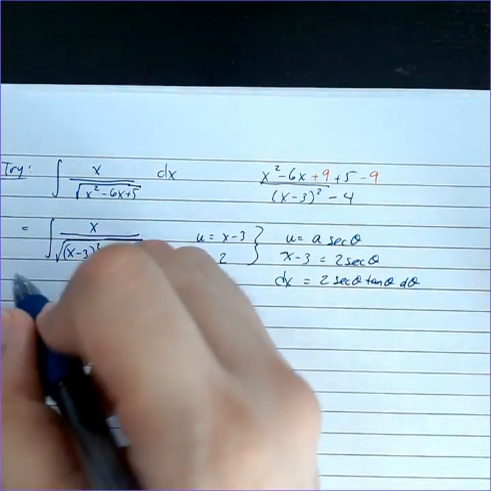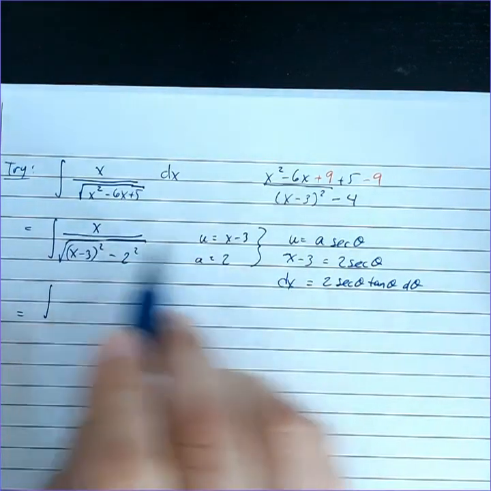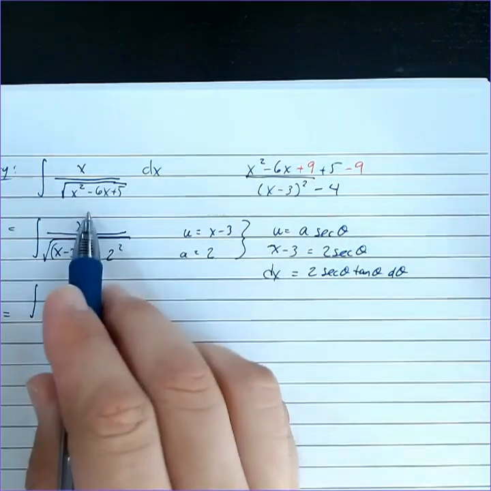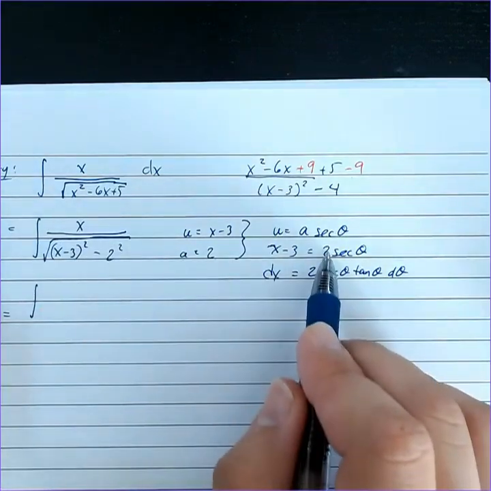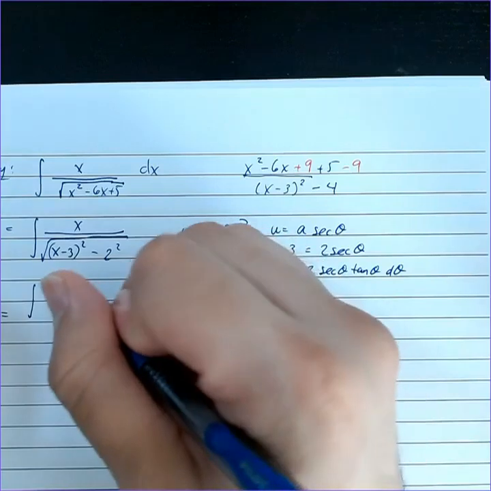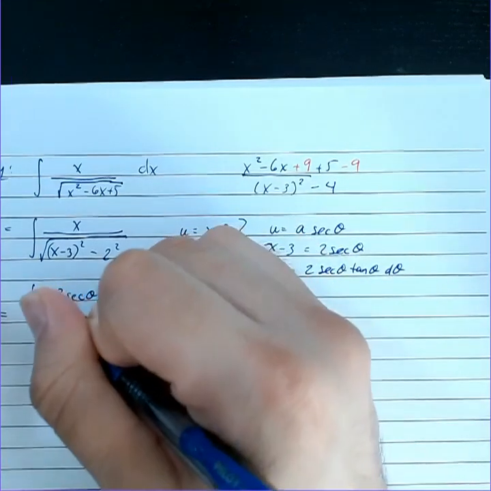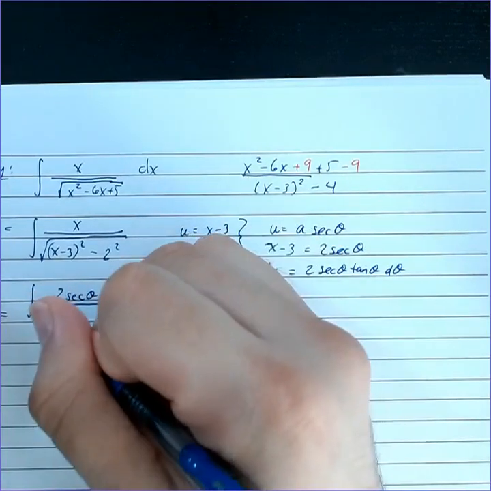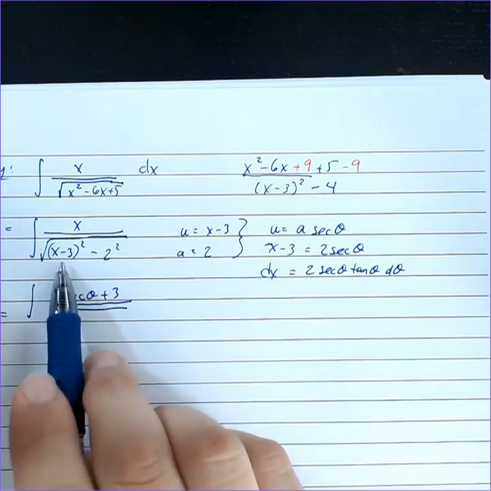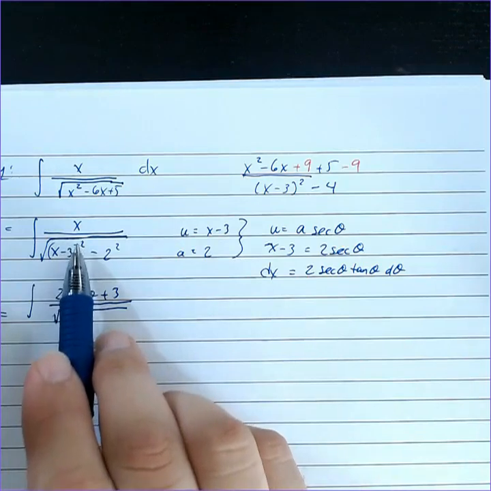And so over here, we can write this as the integral. This x is that x there. We can move the 3 over to the other side to isolate our x. So that'll be 2 secant of theta minus 3. Oh, sorry, that should be plus 3 since it's been added over. 2 secant of theta plus 3 over the square root of, that's going to be 2 secant of theta, but that's being squared.